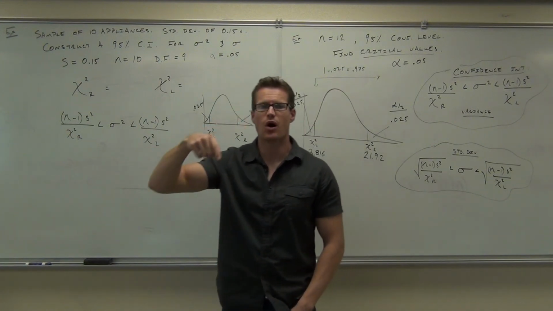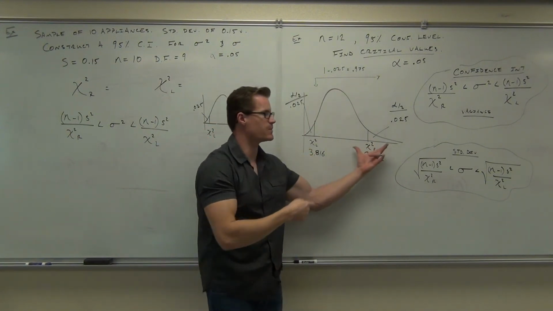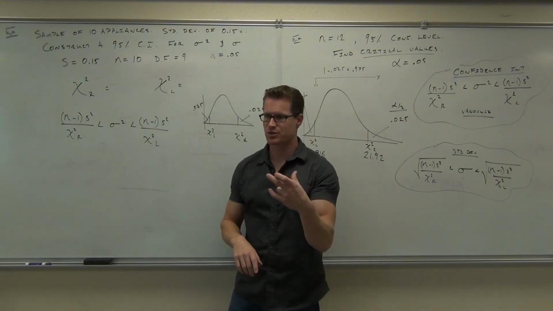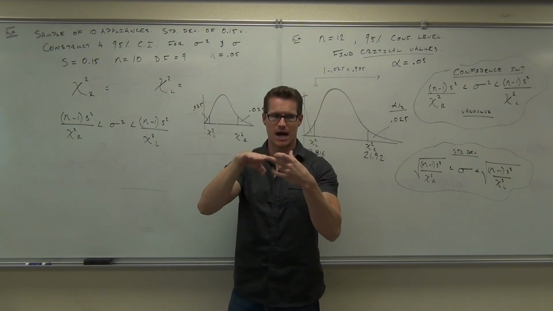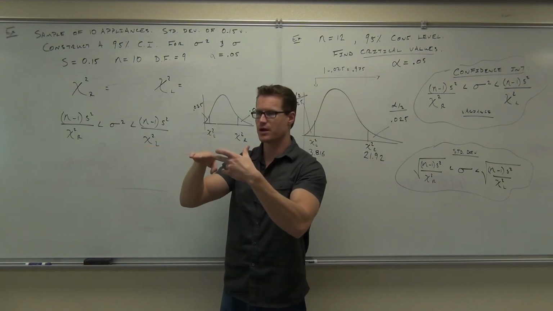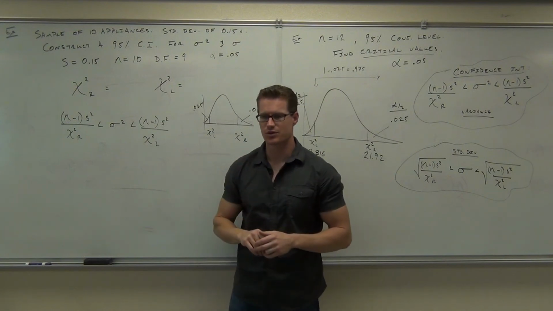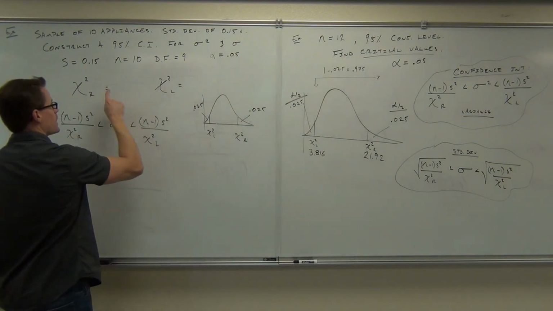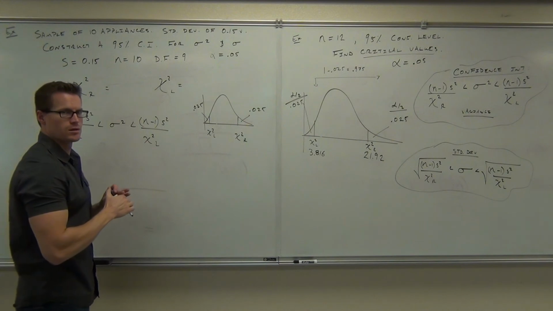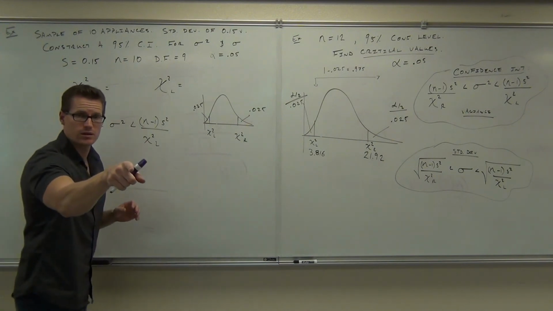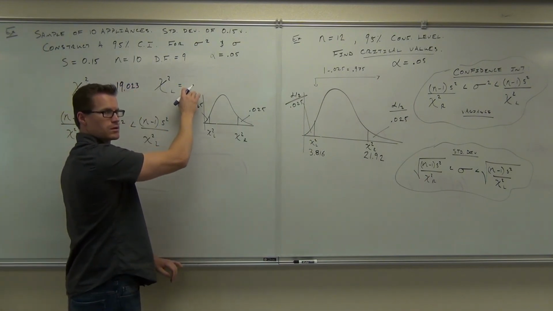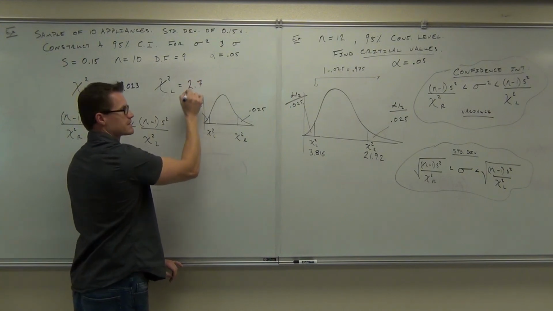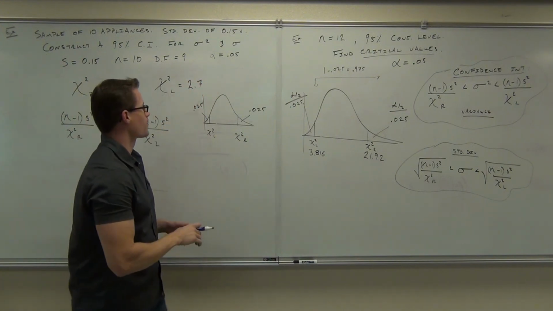We're using the same columns that we just did, because we have that same exact picture. So you're going to be looking at 0.025 on the row of 9 degrees of freedom, and then 0.975 on the row of 9 degrees of freedom. And you get two different numbers. What's this chi-squared right one? 19.02. 19.023. Good, and this left one? 2.7. That's it? 2.700? Sweet.